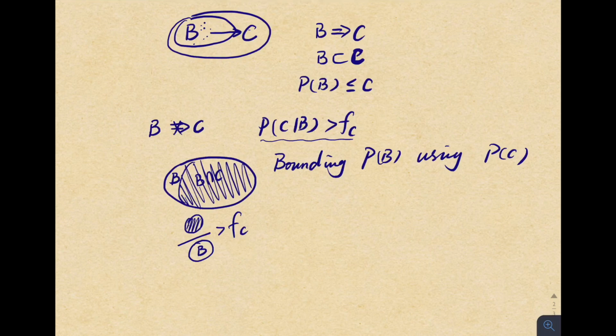If we have this at hand, could we somehow bound the probability of B using that of C?